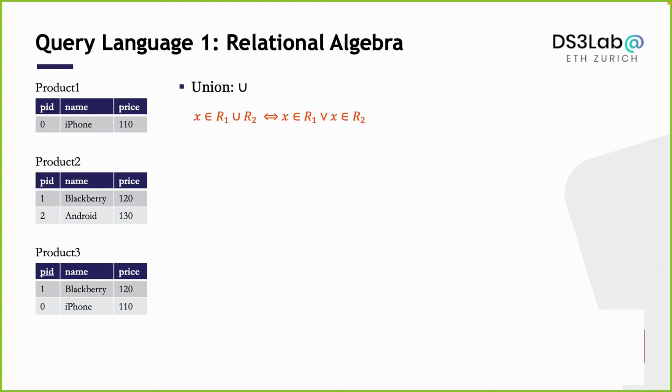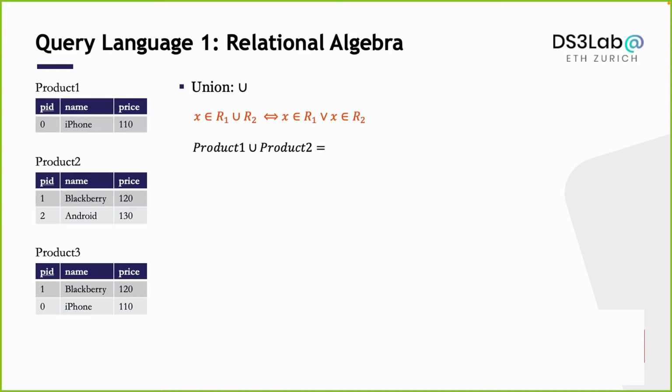If I have a query R1 union R2, it means that if a tuple X is in the answer of this query, then either X is in R1 in the input, or X is in R2. This is the formal semantics of the query R1 union R2.